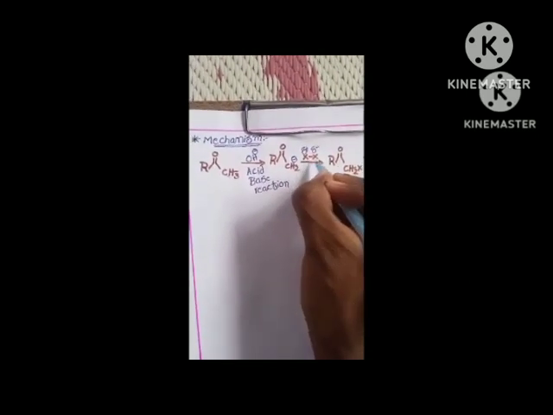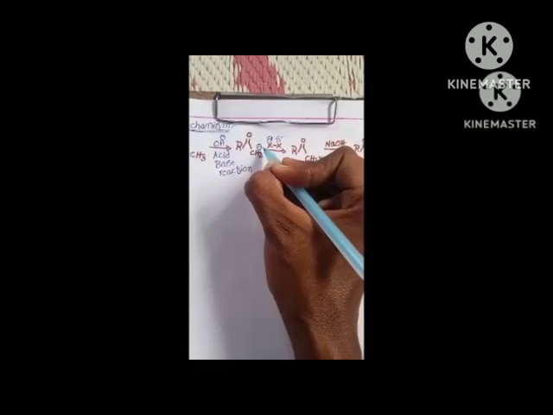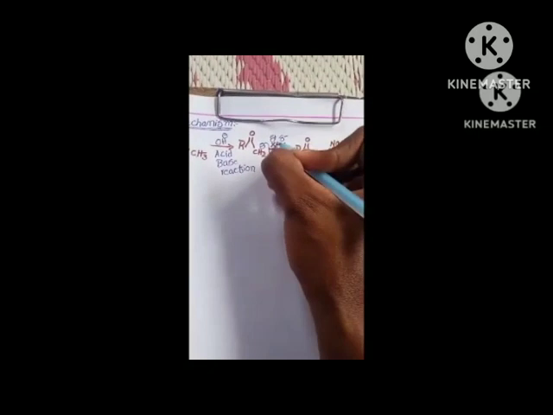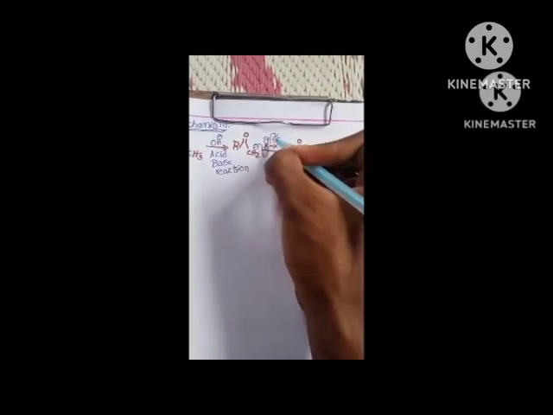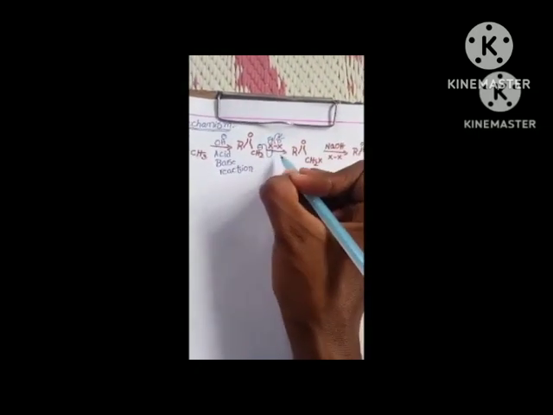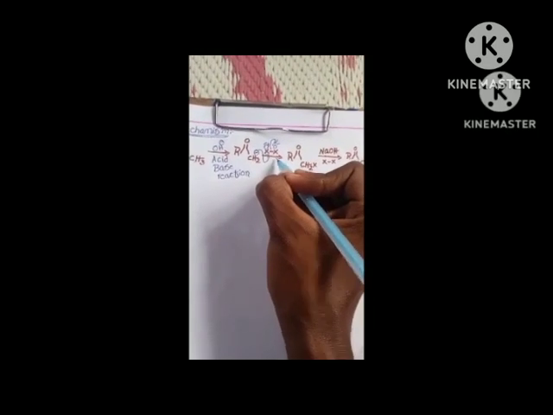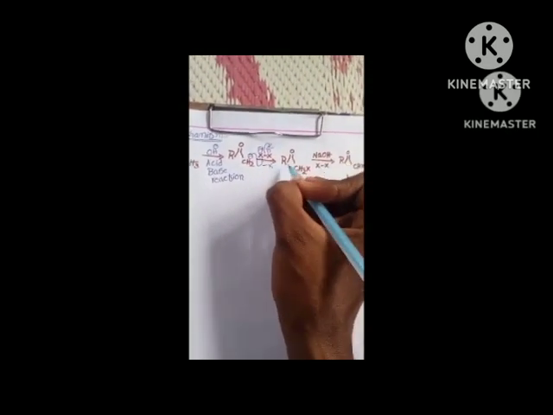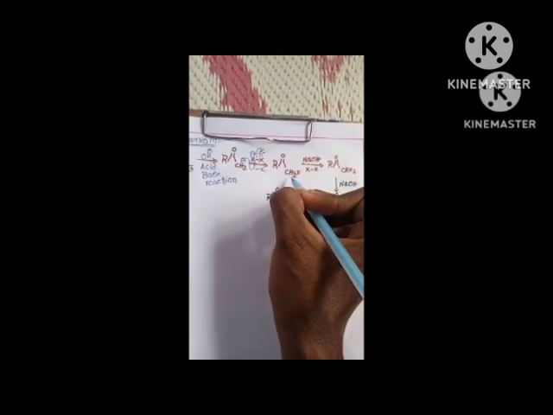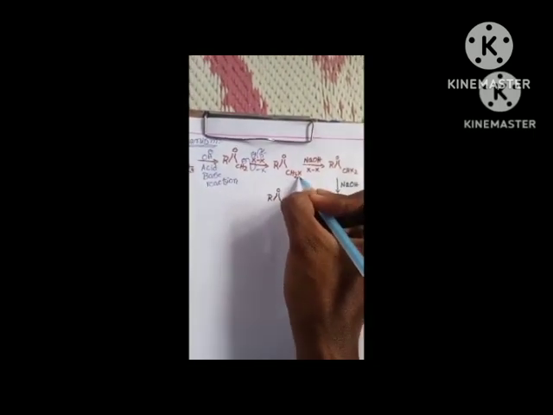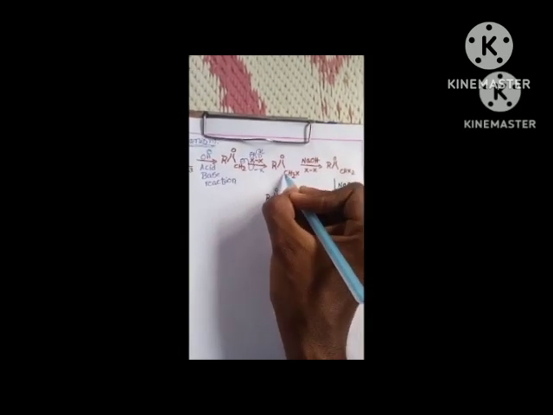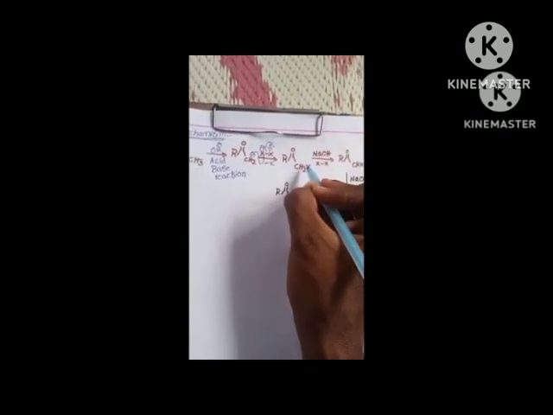This takes one halogen, replaced by, this is minus X. This step takes place 2 times.